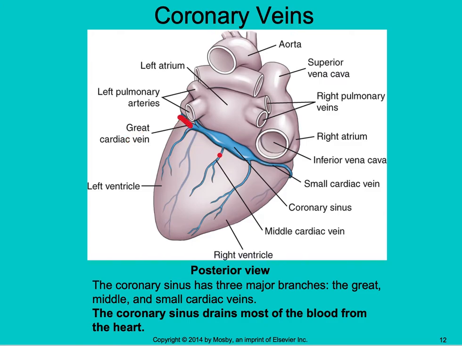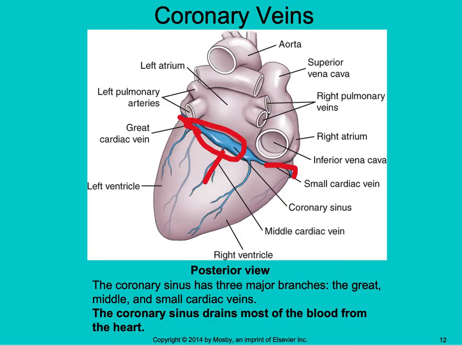So great, middle, and small, and they all dump into the coronary sinus, okay? The coronary sinus drains most of the blood from the heart. The coronary sinus system returns the blood to the right atrium for recirculation, okay?